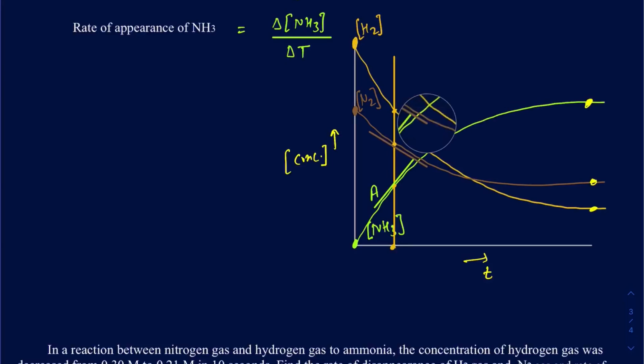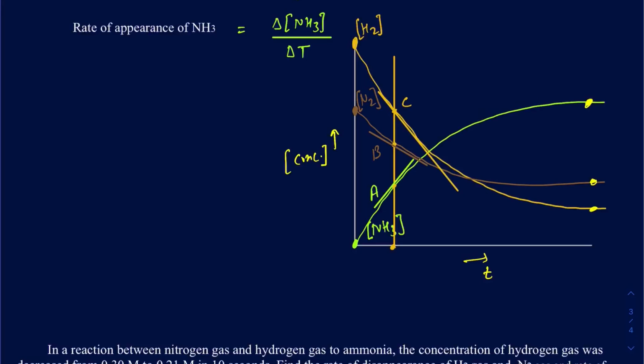It's not the best tangent, but you get an idea. Let's call that B. And then I have another tangent there on the hydrogen line that's going to look like this. I'll make that a little bit longer so that you can see it. Let's call that C.